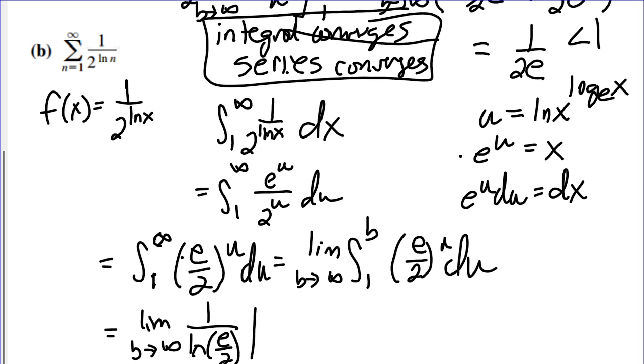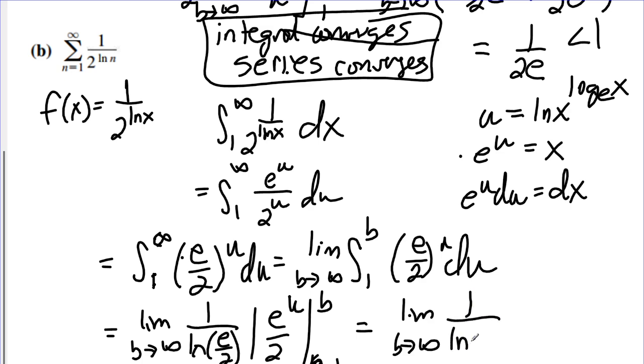And then we have left e over 2 to the u. And we're going to evaluate that between 1 and b.